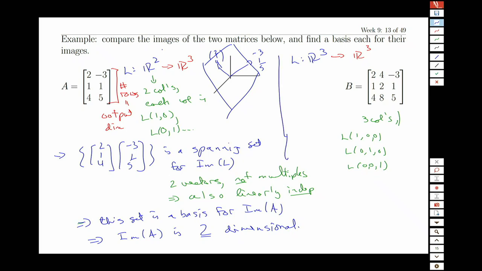Compare and contrast with the example on the right here, though. This set here, I'm just going to erase this. We don't really need that for the moment. Delete.